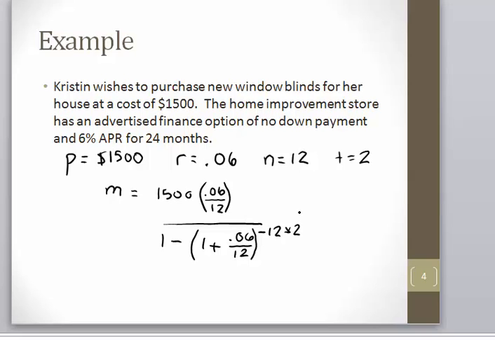Now, we're going to do some basic simplifying before we go to our calculator and try to plug the entire fraction in at once. One thing that is fairly easy to do is to go ahead and look at the negative 12 times the 2. And we know that negative 12 times 2 is going to be negative 24. So I'm going to make that adjustment right here.